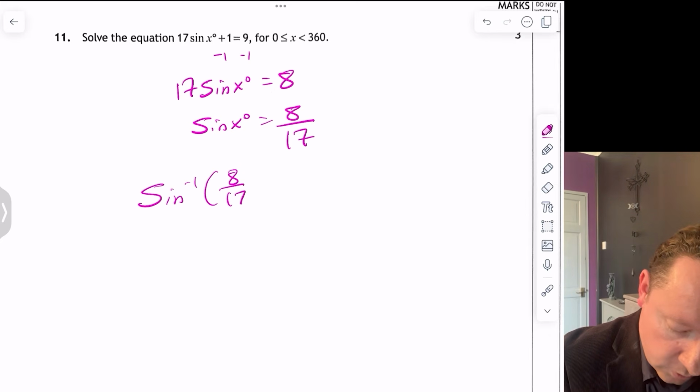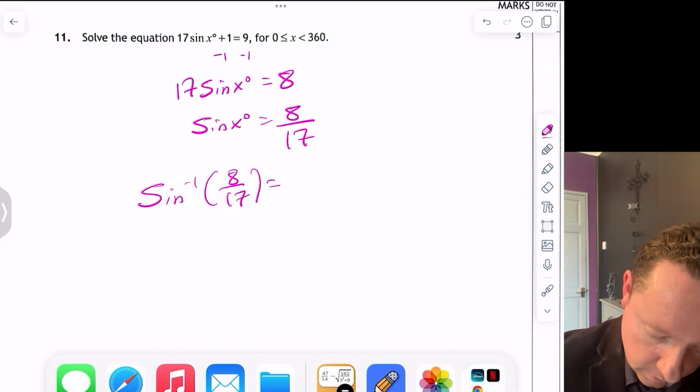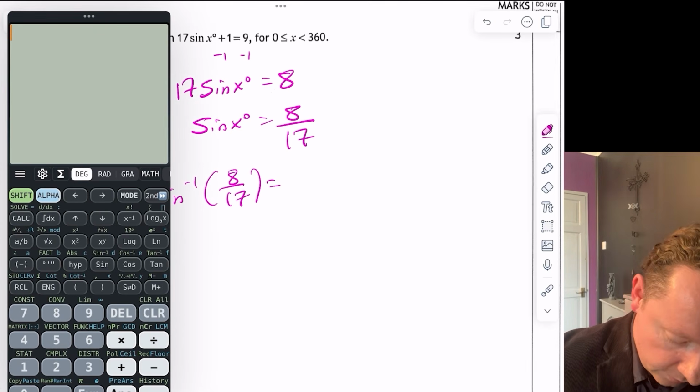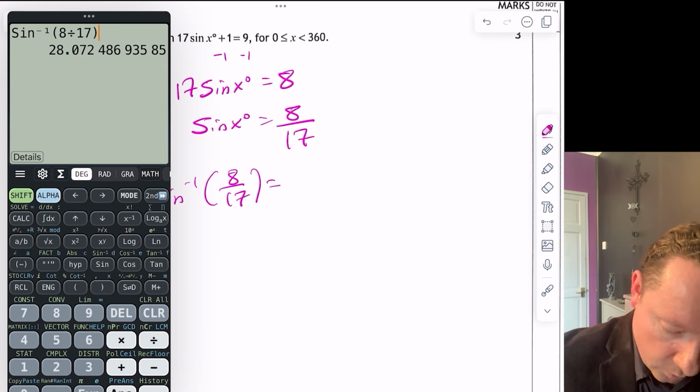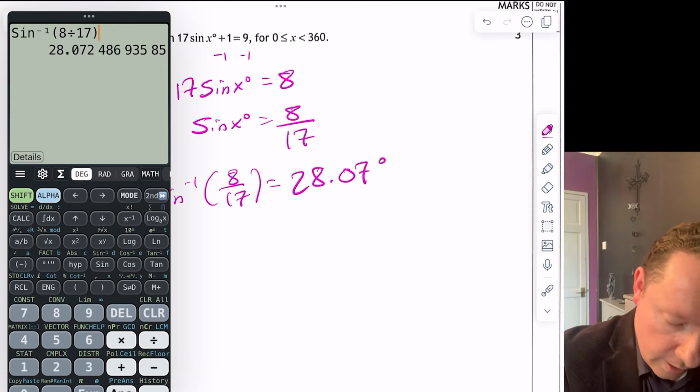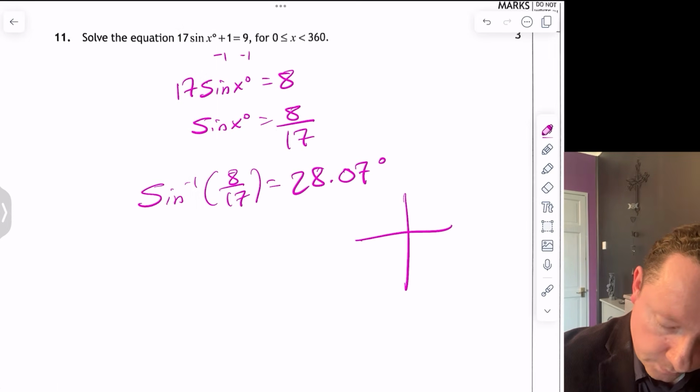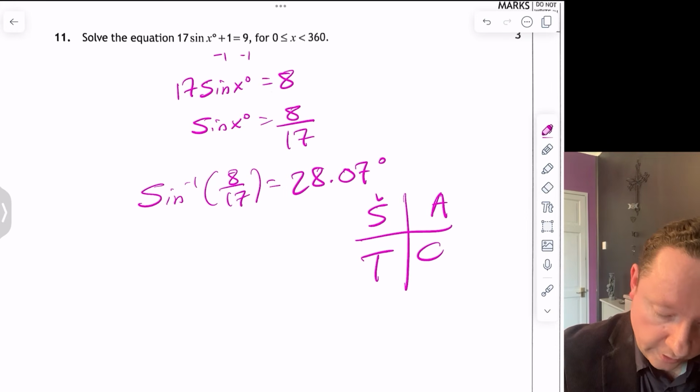It is positive, so that's great. Make sure my calculator's in degrees. Shift sine 8/17. That's 28.07. I'll leave it as 28.07 or 28.1. And then we do a CAST diagram. Now our sine is positive, so it's these two angles.